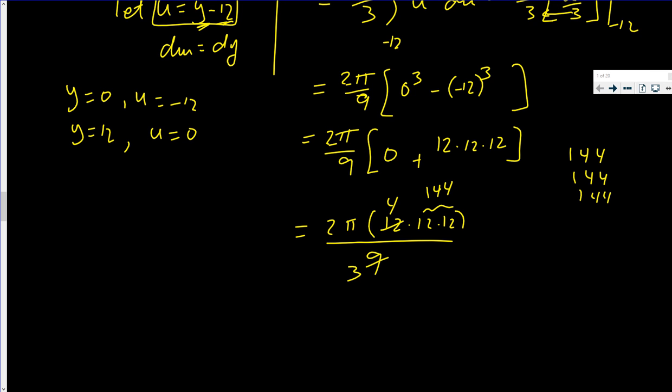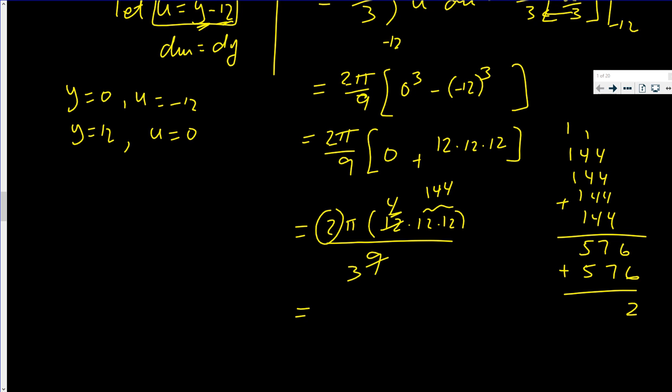We're only multiplying by 4, so I can add them up. 4 4s are 16, and then 17, and then 5. And then I have to multiply by 2. That's going to be 1152. So it's 1152 pi over 3. And that's the answer to that problem.